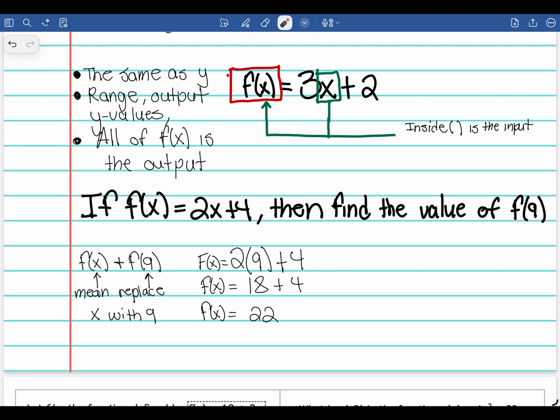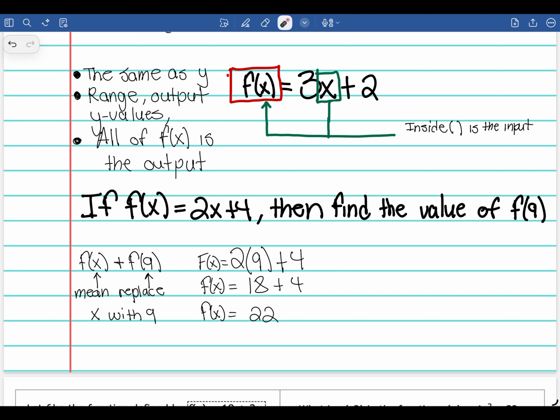So I'm going to take whatever they told me to put as x, which they replaced x with 9, and I'm going to put it into this problem. Okay? So if you notice in the problem, basically f of x and f of 9 means you replace x with 9. Alright?